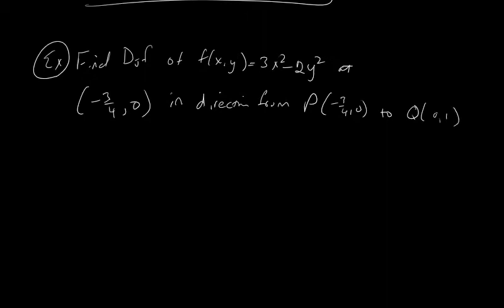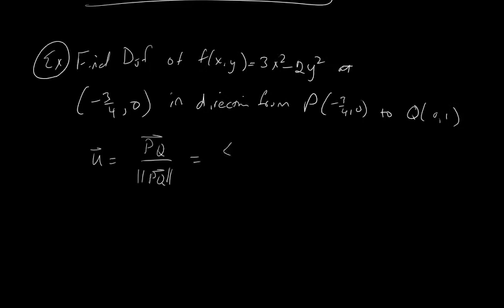Well, we need to know what our direction is, our unit vector that's giving us our direction. So u is going to be equal to the vector PQ divided by its own magnitude so that we normalize it, right? We get a vector of length 1.